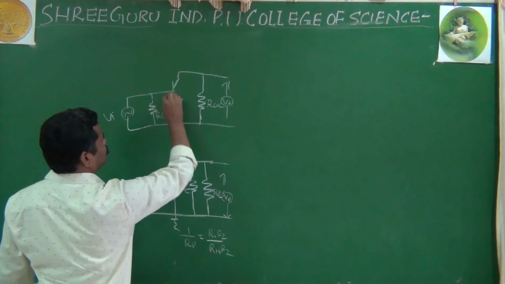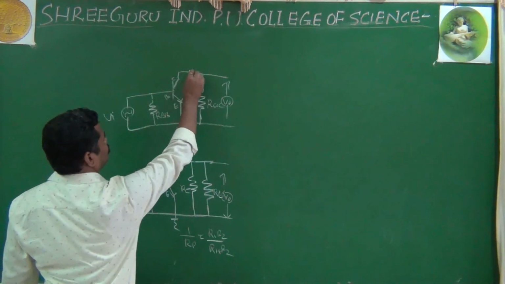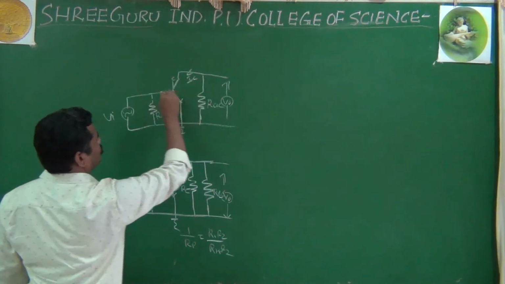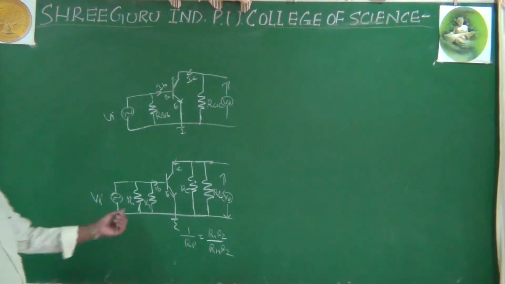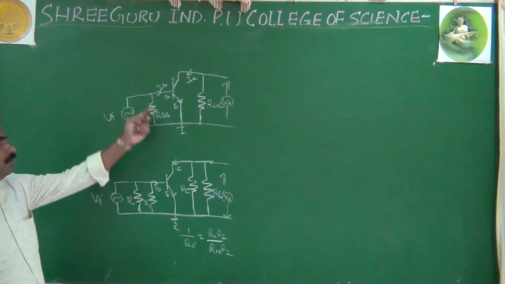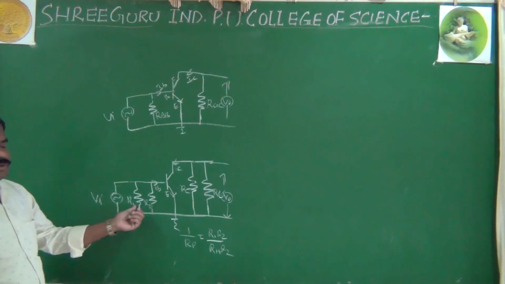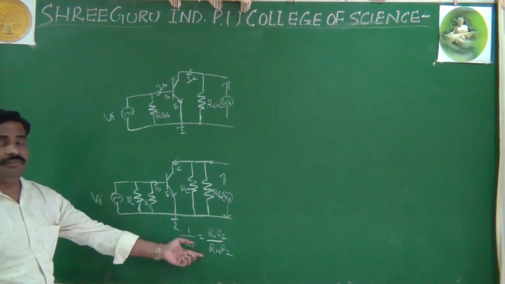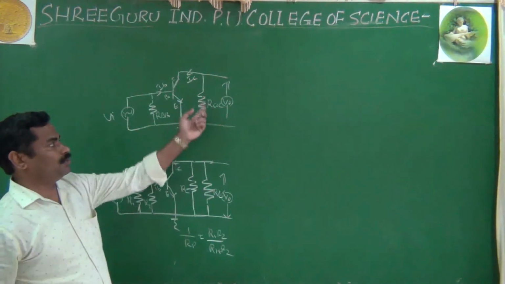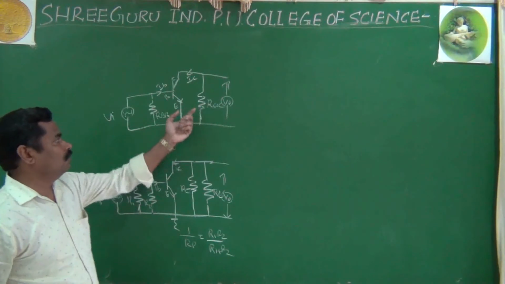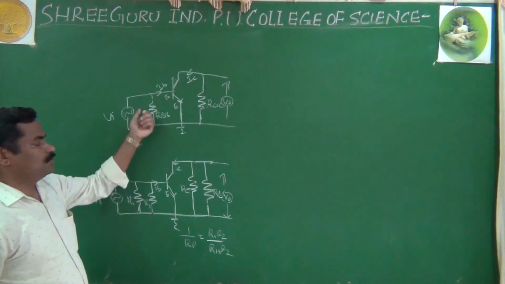This is the base, this is the collector, with IB and IC. The two resistances in parallel give the effective resistance RAC on the output side, and on the input side it becomes RBB.